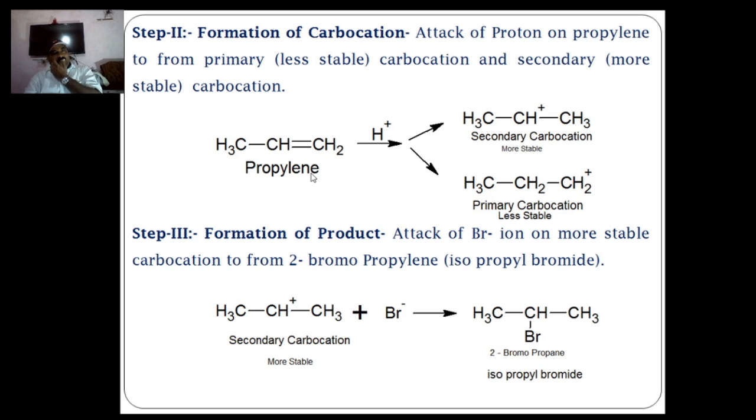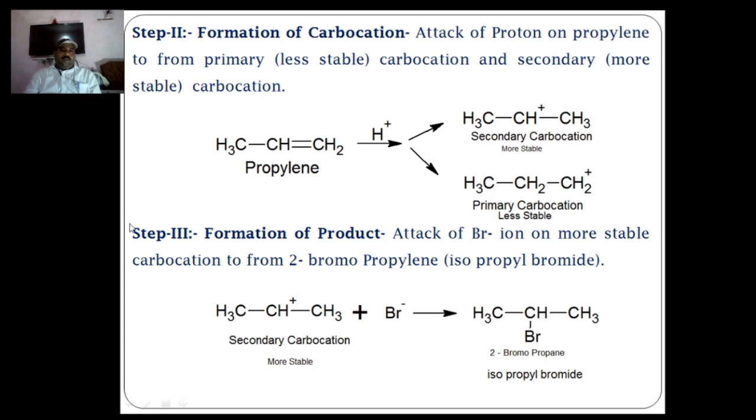What happens in the second step? In the second step, formation of carbocation. In this step the proton obtained in the first step, as an electrophile, attacks propylene to form a primary carbocation, which is less stable, and a secondary carbocation, which is more stable.